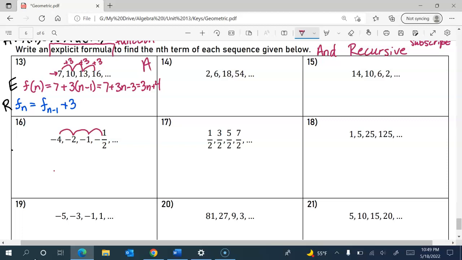Can't make any promises that it's actually going to be geometric, but you can tell here that every time we're cutting it in half, right? Half of -2 is -1, half of -1 is -1/2, right? So since we're multiplying, this is geometric.